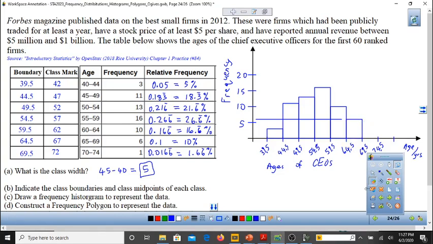That's a height of 6, and then we have a height of 1. And I need to just do a little adjustment to this. And there we go.